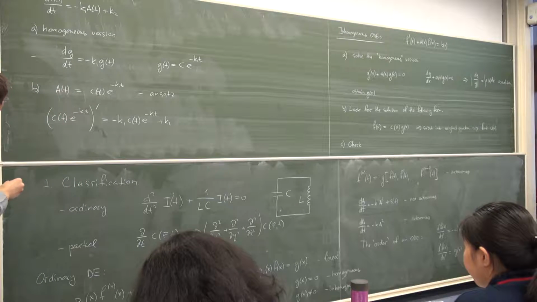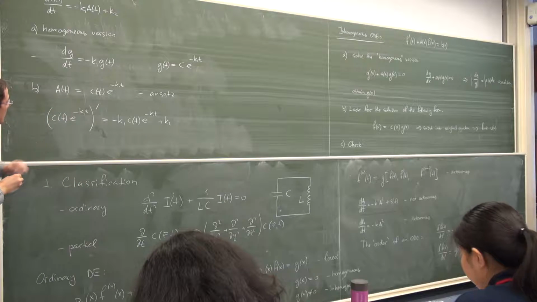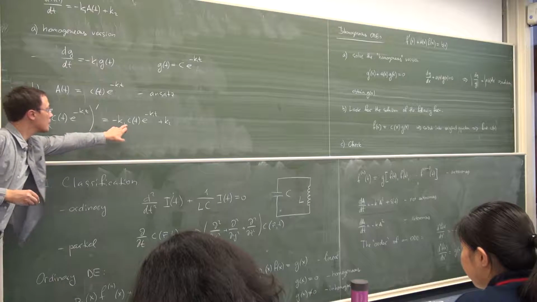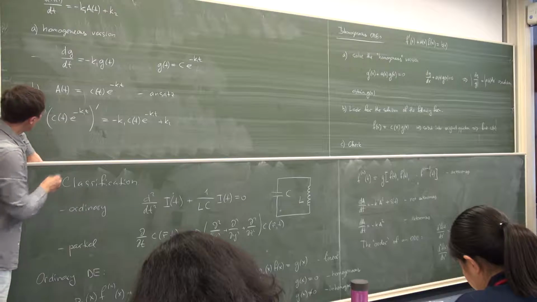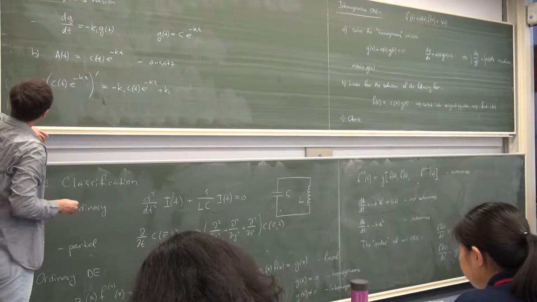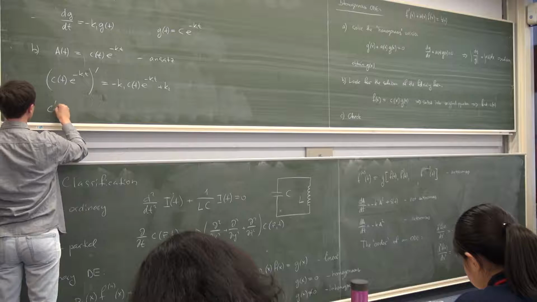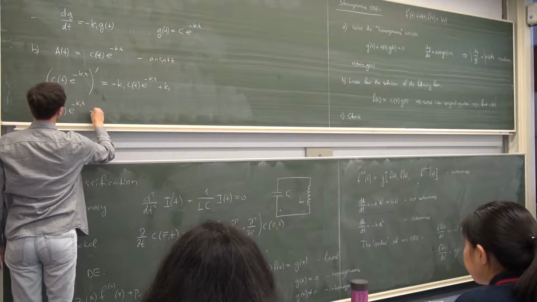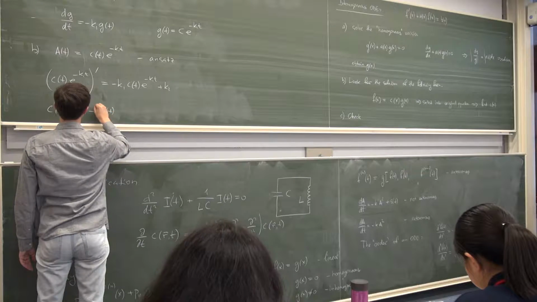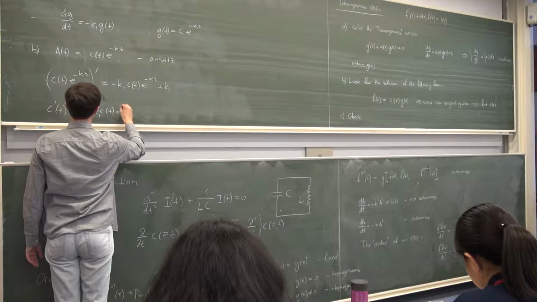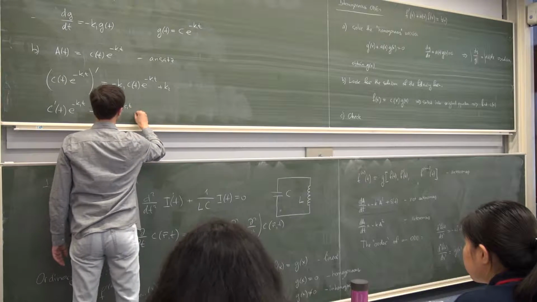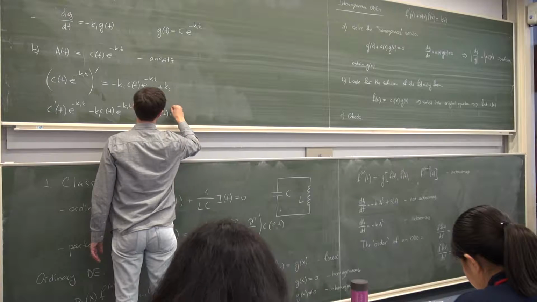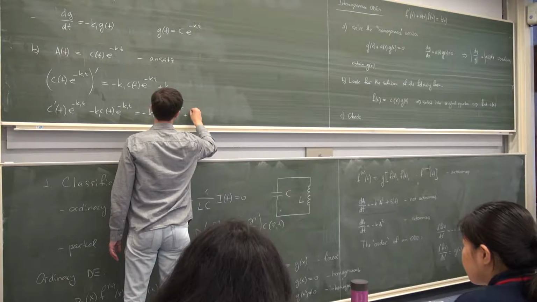Notice now that this is an ordinary differential equation, but this time it's a differential equation for the function c. Let's open that up using the product rule. C prime of t e minus k1t minus c of t k1 e minus k1t equals minus k1 c of t e minus k1t plus k2.